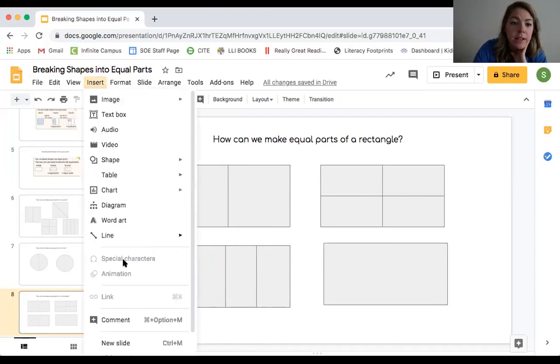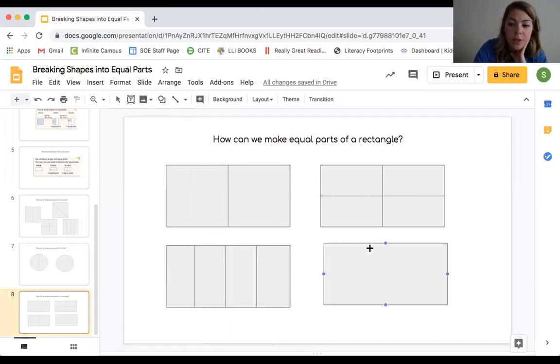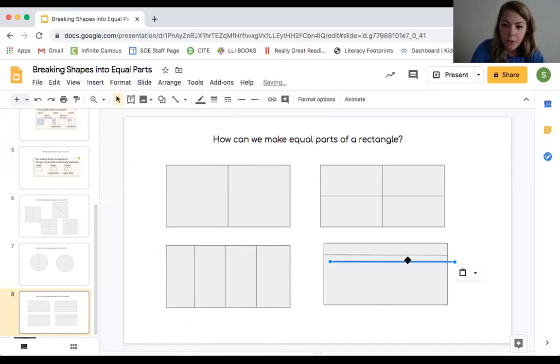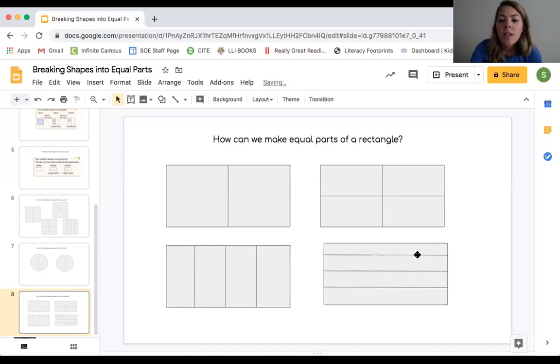And then you could also do quarters by going this way, long and skinny this direction. And I'll try my best here to make these look as even and equal as possible because we want them to be equal. So those might not be completely equal, but that's my best guess about making these look all equal and separating that rectangle into equal parts this way.